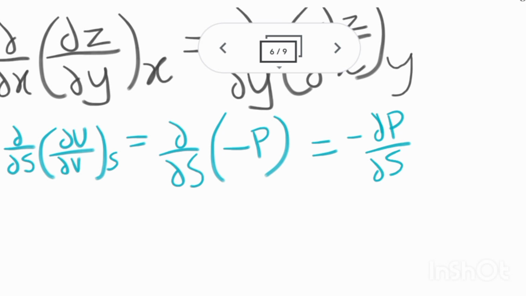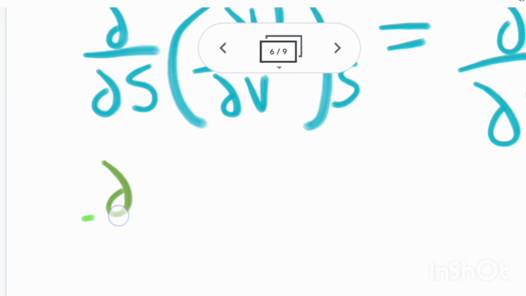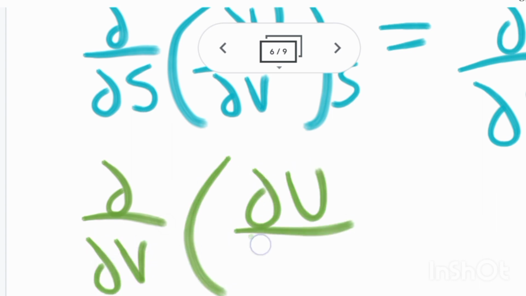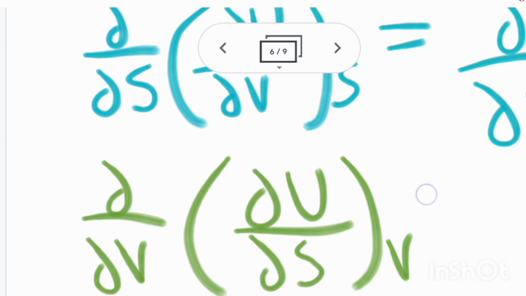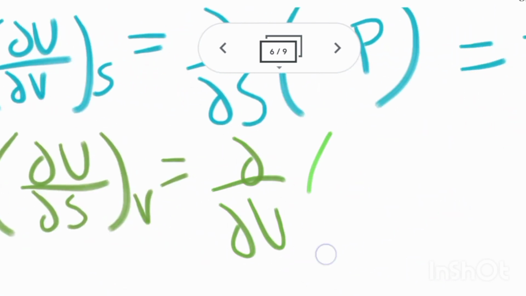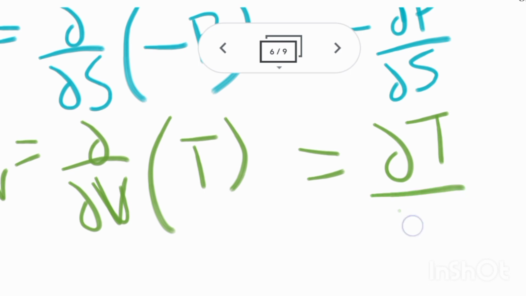Similarly, if I calculate this for ∂/∂v of ∂u/∂s at constant v, it will be ∂T/∂v.